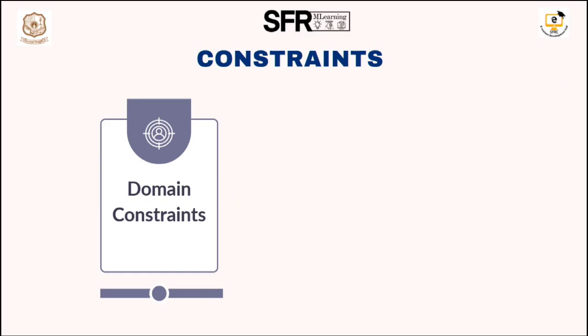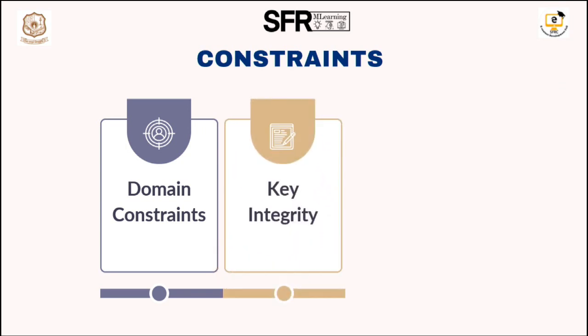The first constraint is the domain constraint. Domain constraint ensures that the value of each attribute A in a tuple must be an atomic value derived from its specified domain A. Next one is the key integrity.